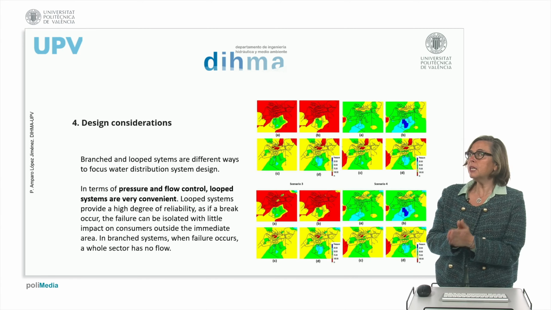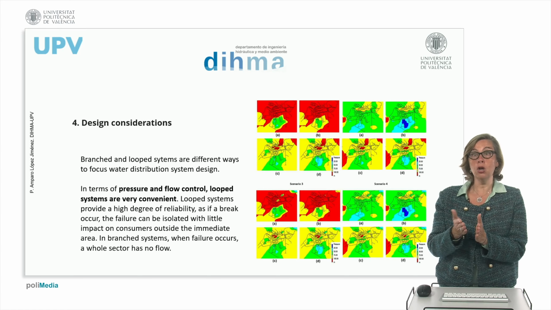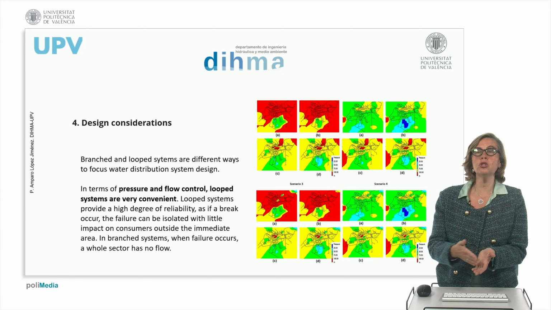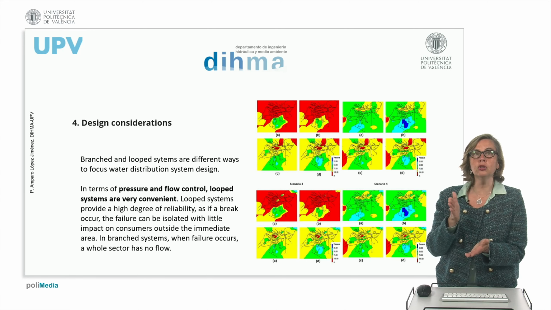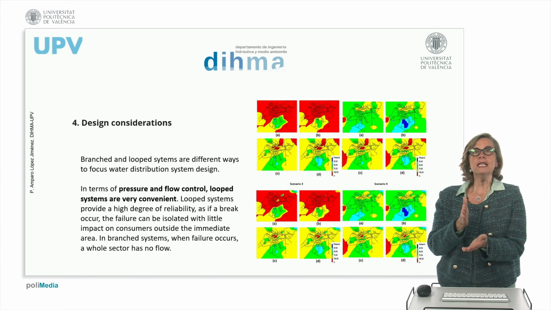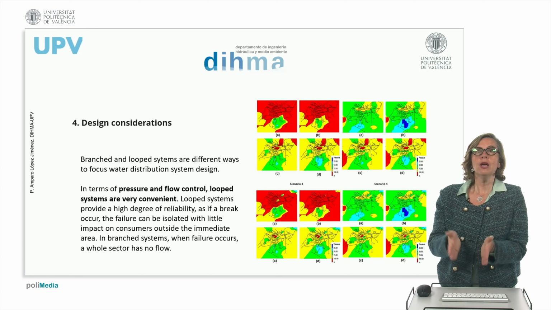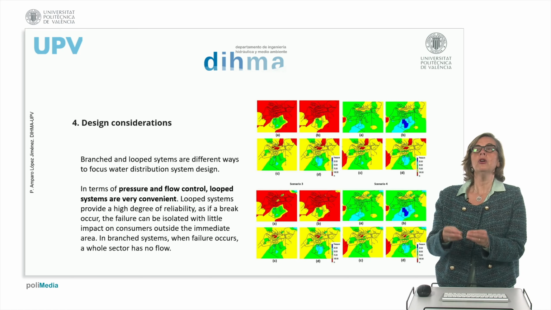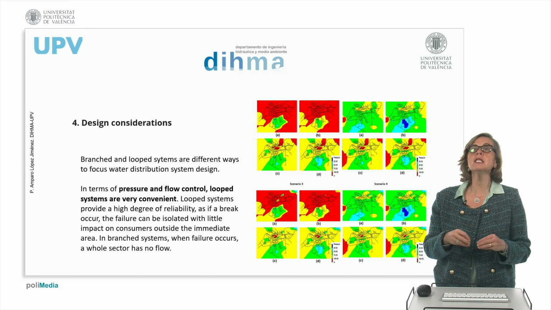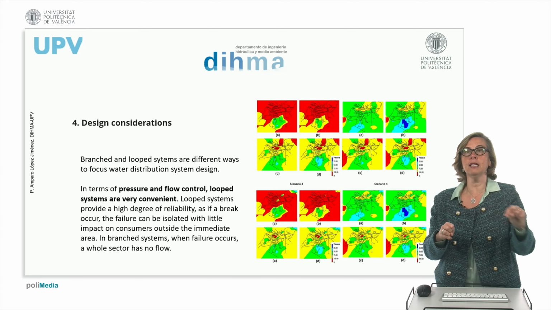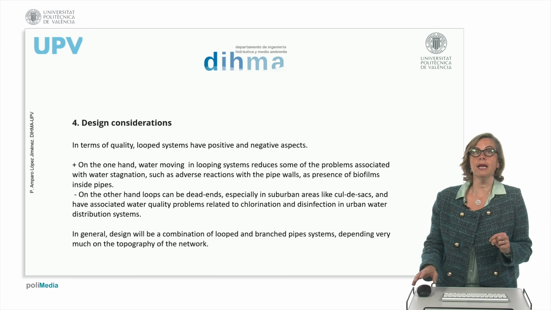We have to give pressure. We cannot have low pressure at any point because we can have pathogen intrusion. We cannot have transient systems. We must give continuous flow in general. To do so, to control pressure and flow, looped systems are very convenient because if we have some sort of failure, we can sectorize the system and give water by another way.